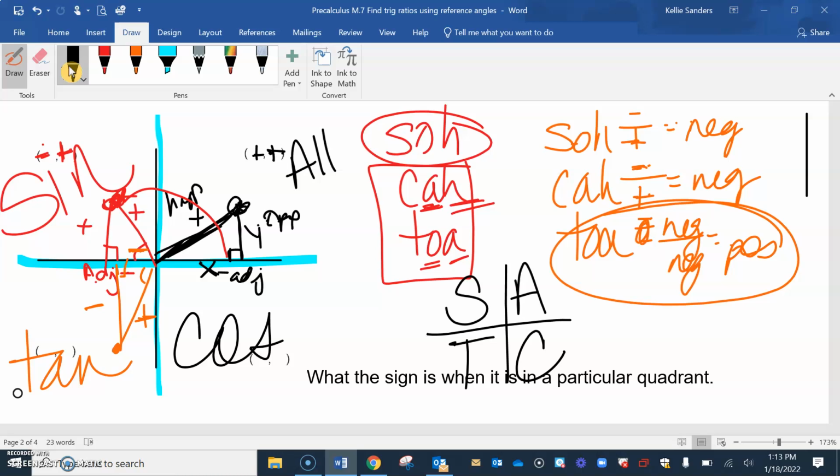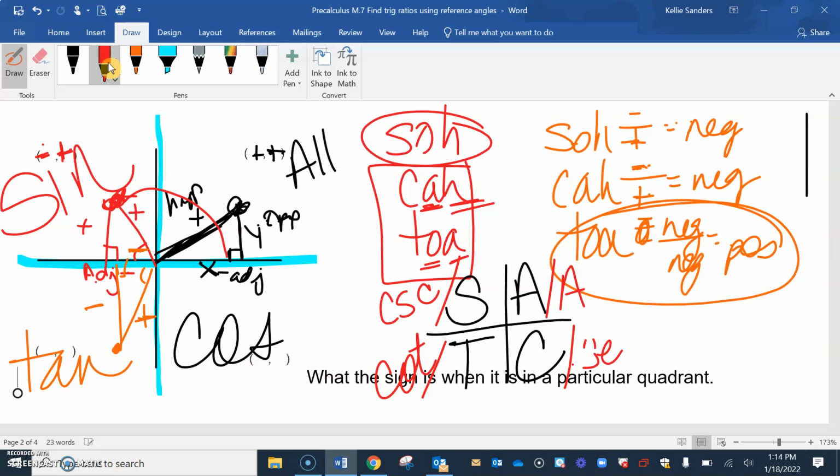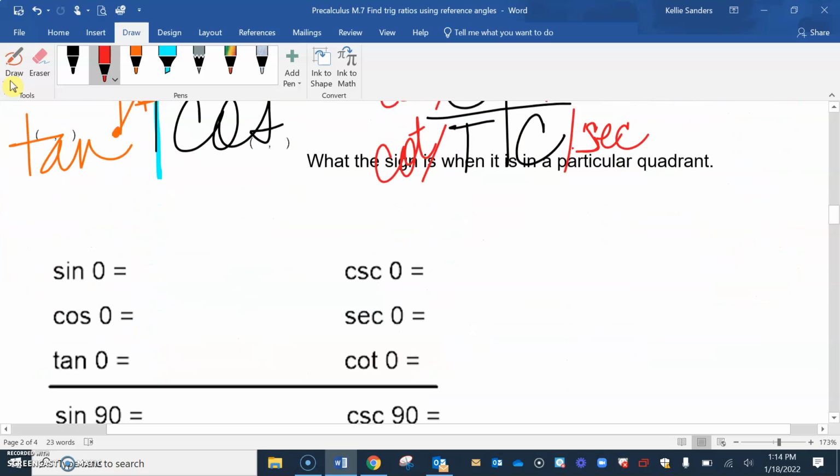So everything's positive in the first quadrant, only sine's positive in the second quadrant, only tangent's positive in the third quadrant, and only cosine's positive in the fourth quadrant, along with their reciprocals. So cosecant would also be positive in the second quadrant, cotangent would be positive in the third quadrant, and secant would be positive in the fourth quadrant. It's going to make better sense whenever we actually get to those kind of questions, though.